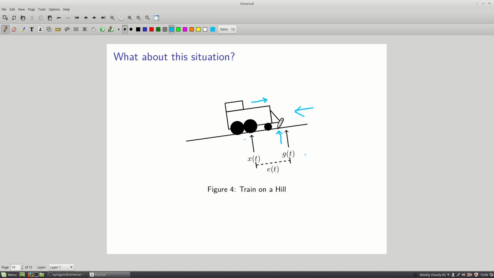This point where the train stops is where that force is exactly counterbalanced by the force of gravity pushing the train down the hill. If we were to move the train a little bit forward, it would reduce the amount of force that's pushing the train up the hill, and then gravity would push it back down. If we move the train a little bit backwards, then the proportional controller would push harder, overcoming the force of gravity. So this is that equilibrium point where they're in balance.